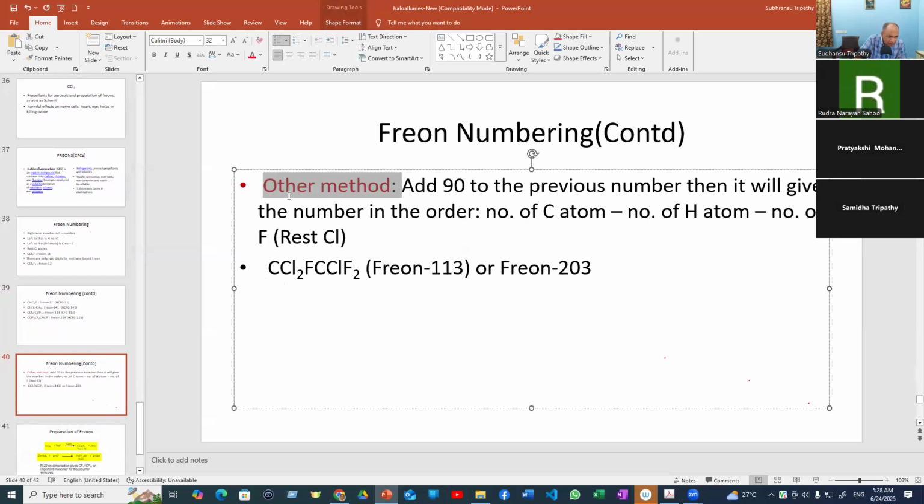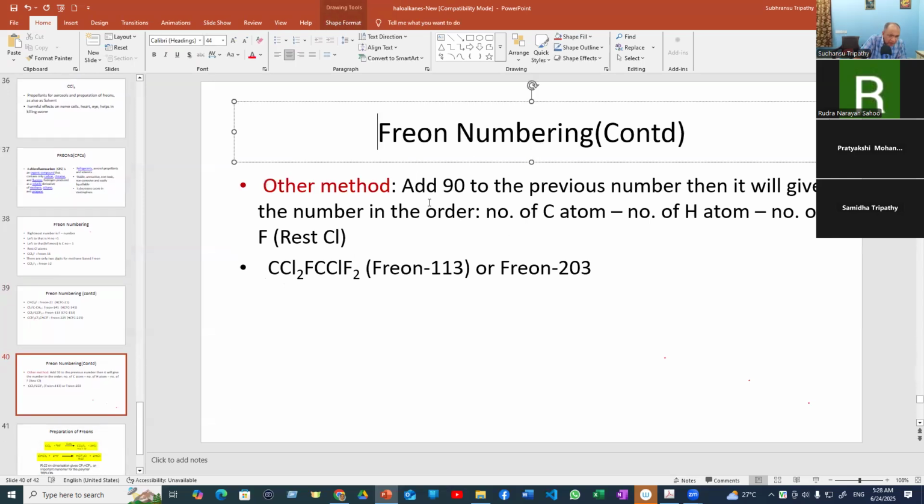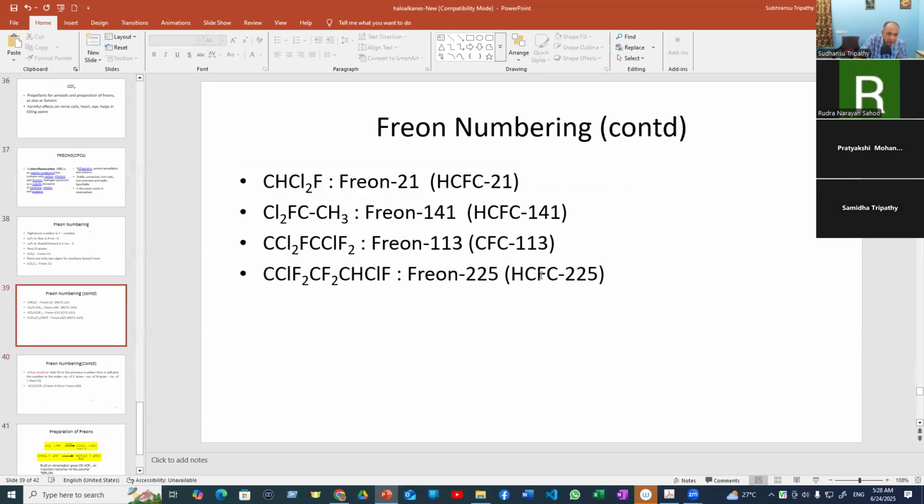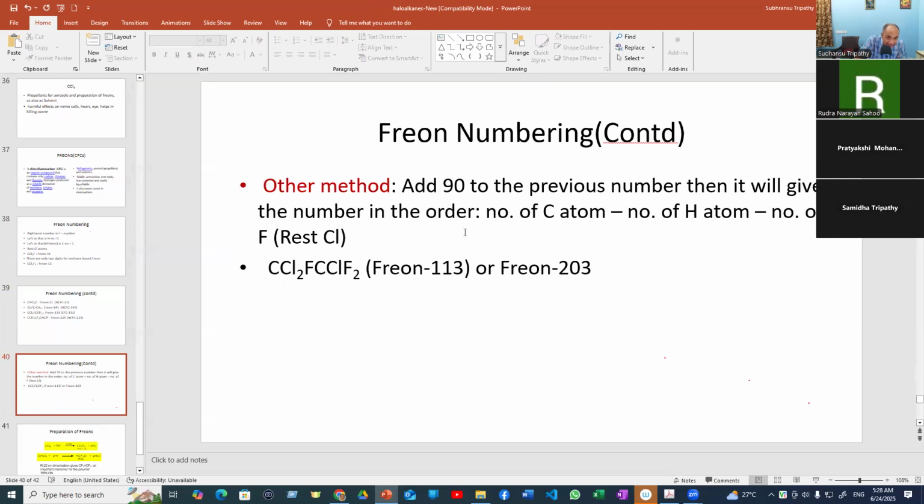There is another method which is not in your book. When you add 90 to the previous number, like 113, 141, 21, you add 90 to the previous number that we have done, according to the principle that we studied, it will give the number in the order. First number will be the number of carbon atoms, followed by the number of hydrogen atoms, then followed by fluorine, then the rest you can count, how many chlorine atoms will be there.